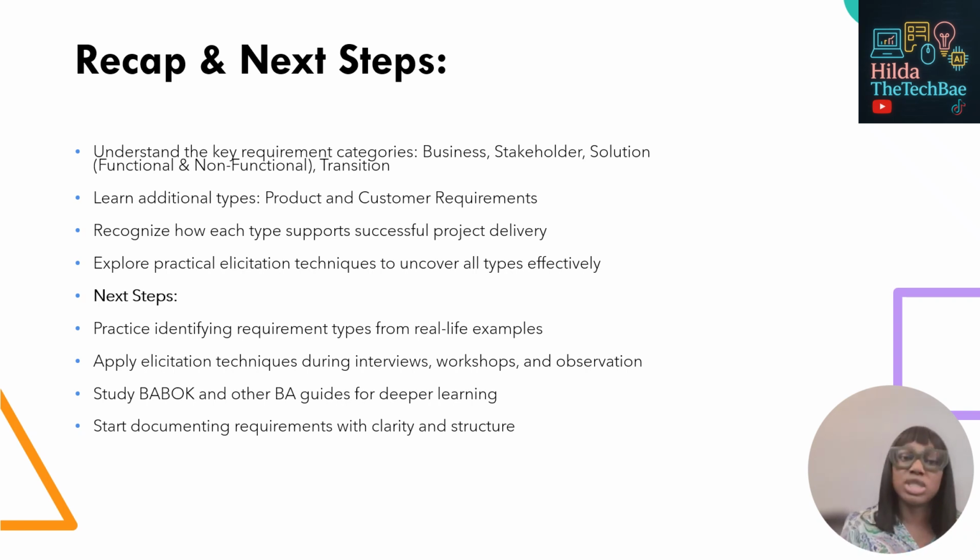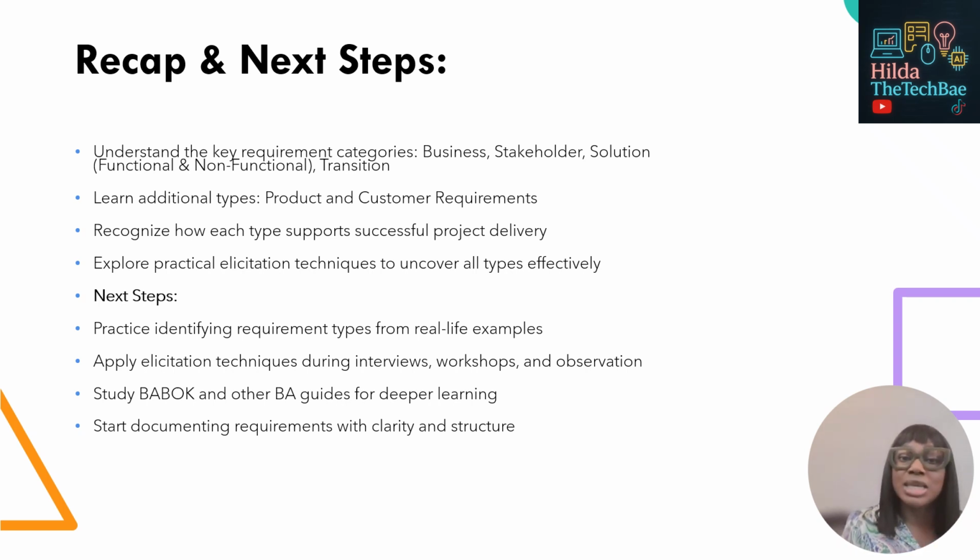And then we talked about transition requirements that help support us during the move from an old system to a new one. And then we also added two important perspectives, which are product requirements, which describe what the product must deliver, and customer requirements, which capture what the end users truly are expecting and the value they're expecting from a product.